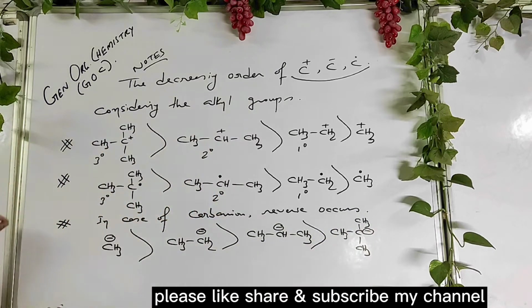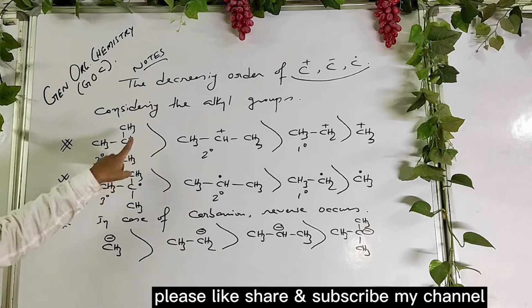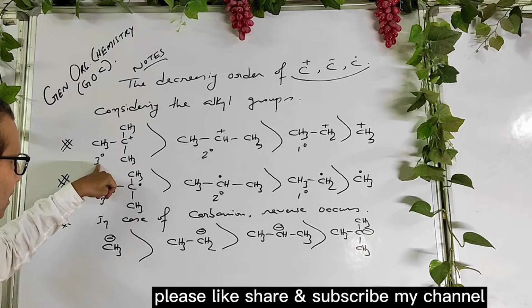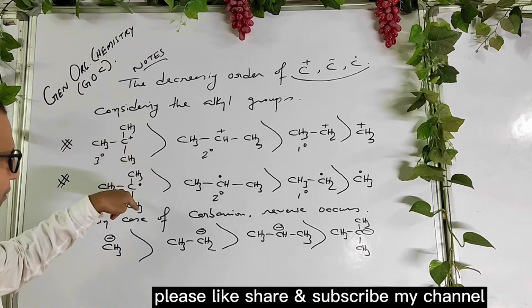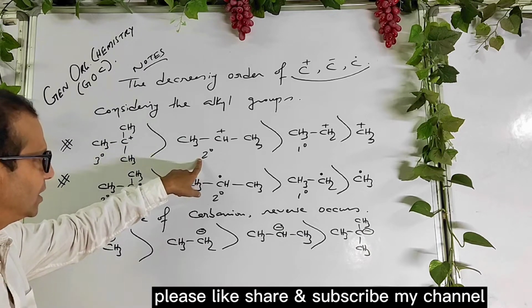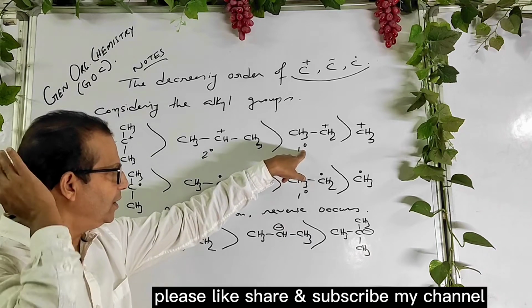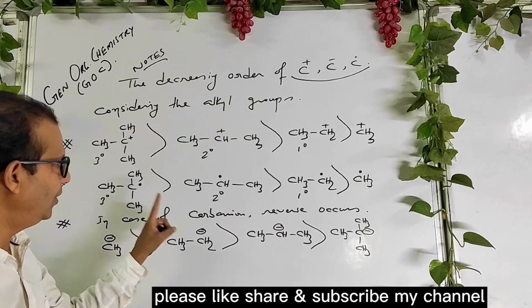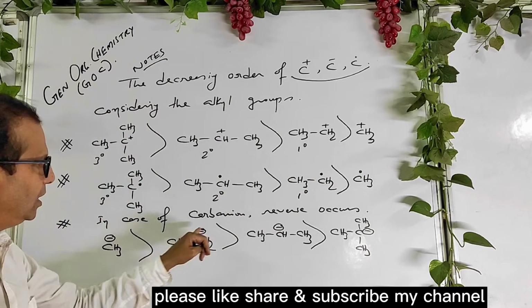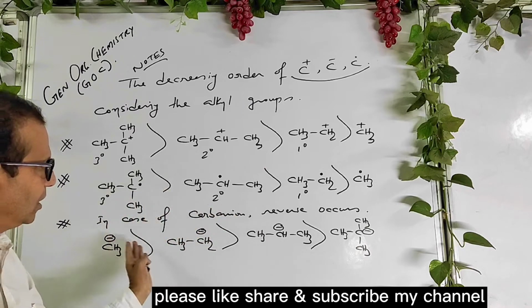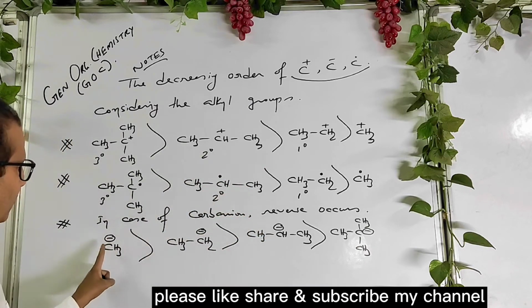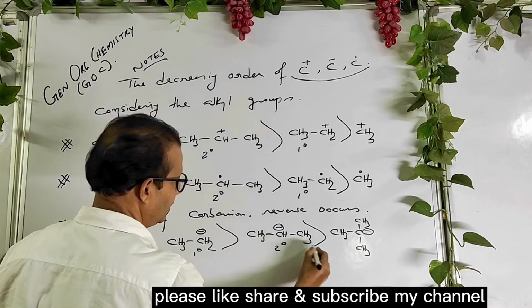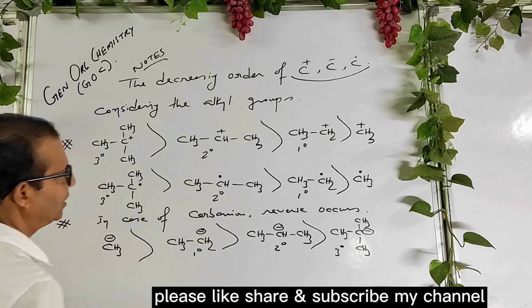So remember it, the stability order of carbocation and free radical are same. Tertiary carbocation or free radical is more stable than secondary, secondary more stable than primary, more stable than methyl. But for carbanions the reverse occurs. That is, methyl is more stable than 1 degree, more stable than 2 degree, more stable than 3 degree carbanion.